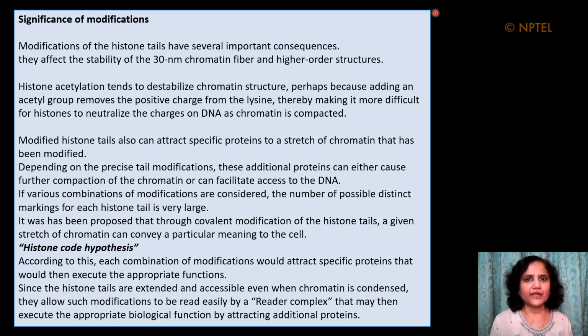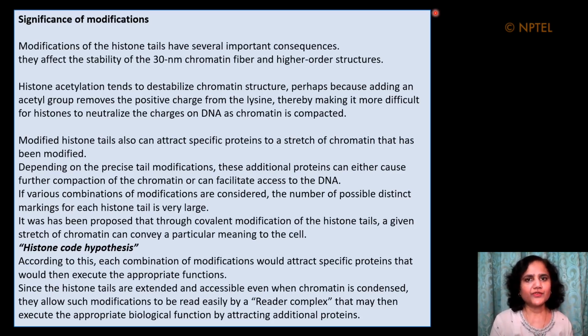And if we start considering the various combinations of modifications on the histone tails, then the number of distinct marks on each histone tail is very large, because there are so many residues that can undergo different types of modifications, which may or may not be simultaneously present.